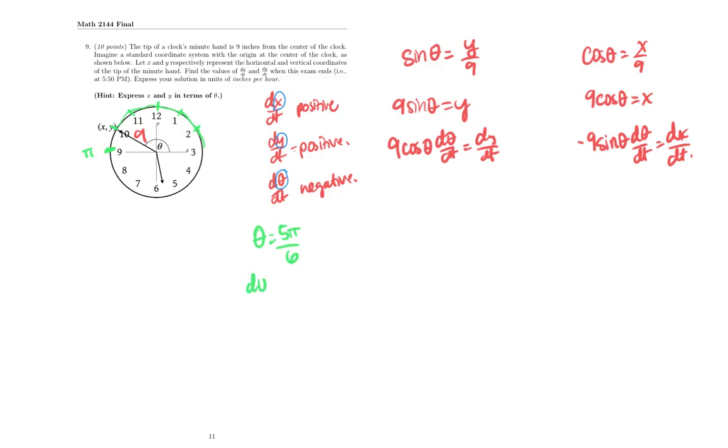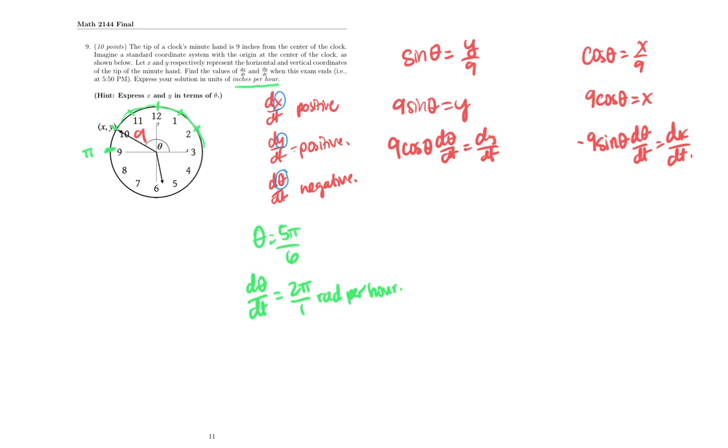And my d theta dt would be the change in radians over change in time. I want my initial thing to be inches per hour, so my t I'm measuring in hours. So in 1 hour, the minute hand goes 2 pi radians. So 2 pi over 1 radians per hour is what I want to use for my d theta dt.